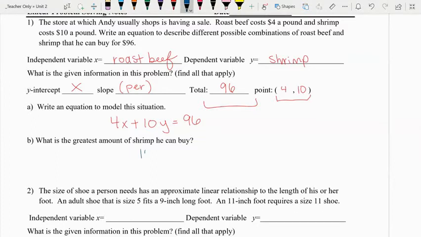So in reality, we're looking at 10y = 96, because we could have 0 of the other one. So if we solve for y, he would be able to buy 9.6 pounds if he wanted to.